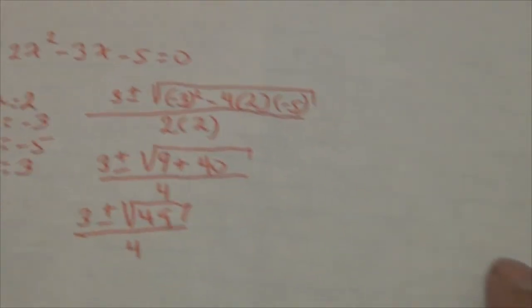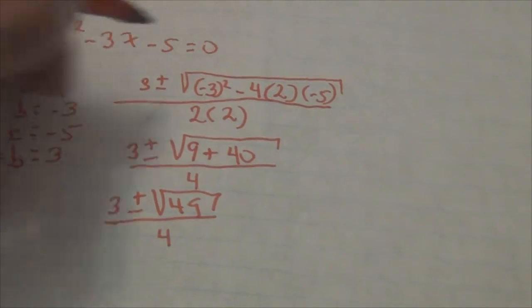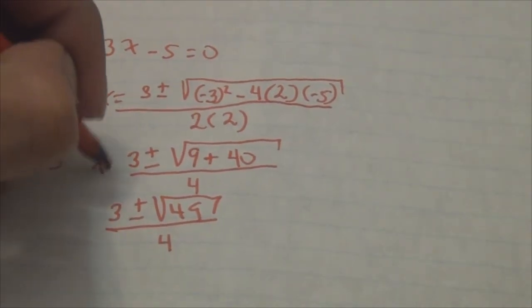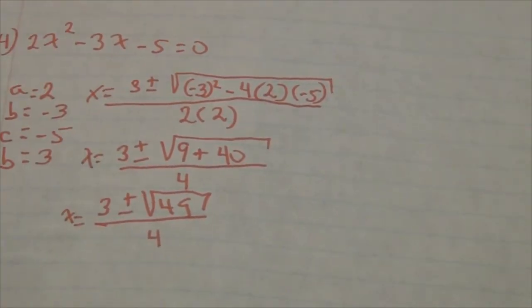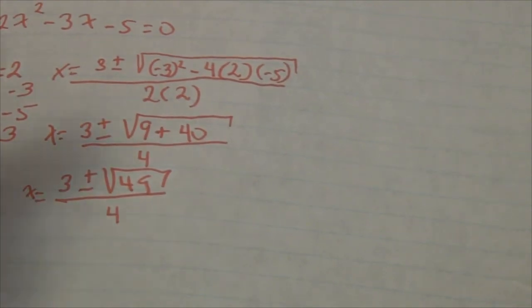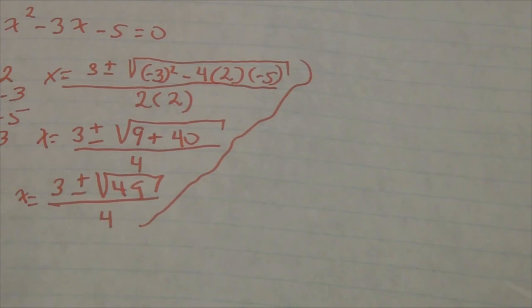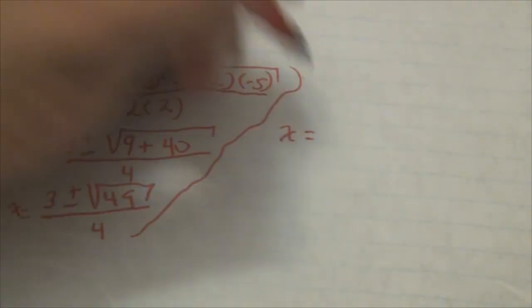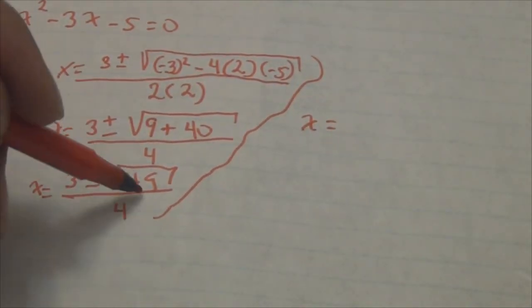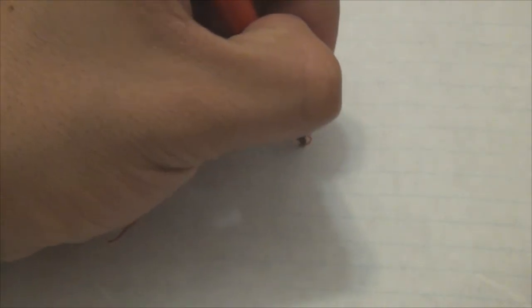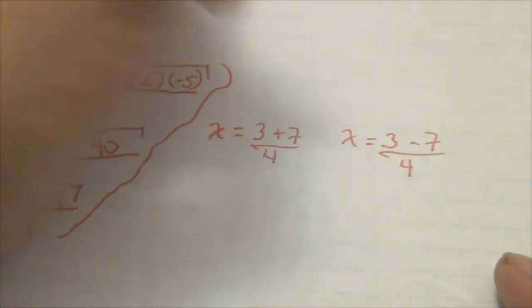And then we have our split terms. And remember what I said: X equals, X equals, X equals, and I keep on forgetting. Please, you don't. So now I'm going to separate this, and I have X equals 3 plus 7 over 4, and X equals 3 minus 7 over 4.